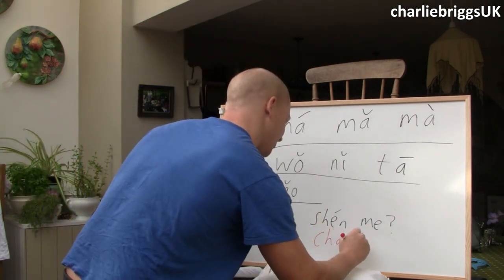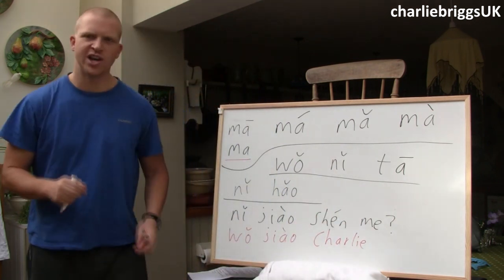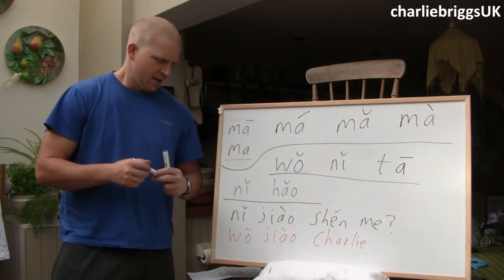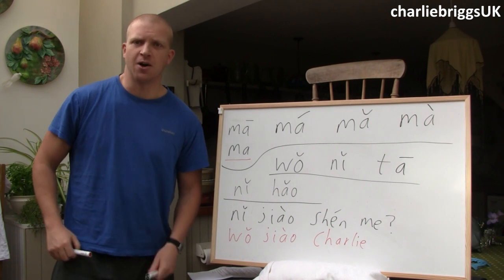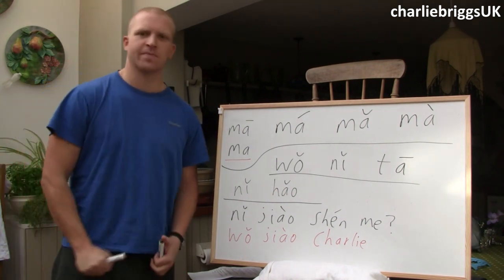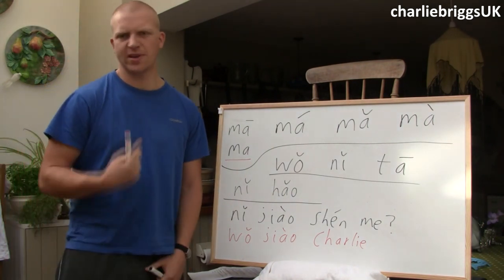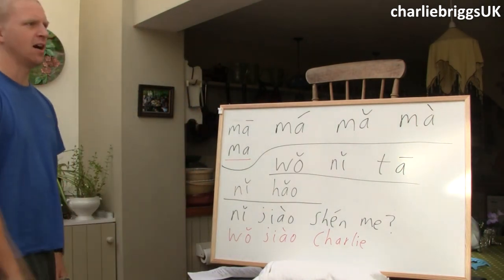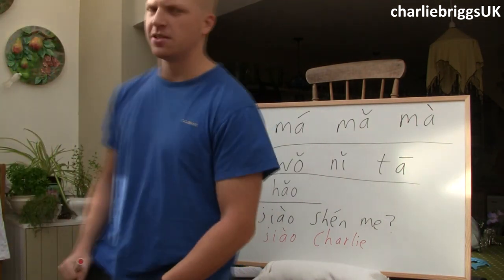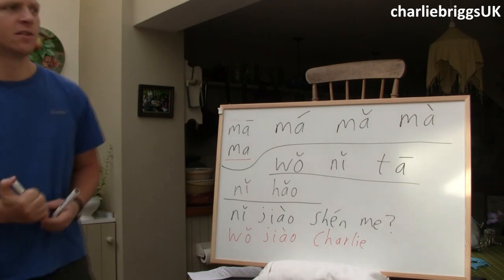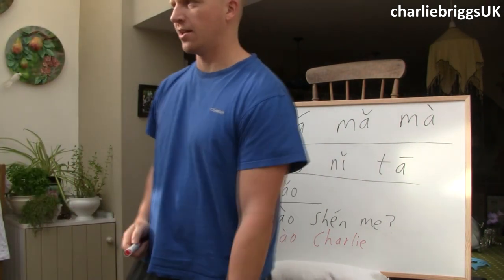There it is. Let's practice a conversation now. Okay? I'll show you it first. I'll be two people here. 你好, 你好, 你叫什么, 我叫 Charlie.